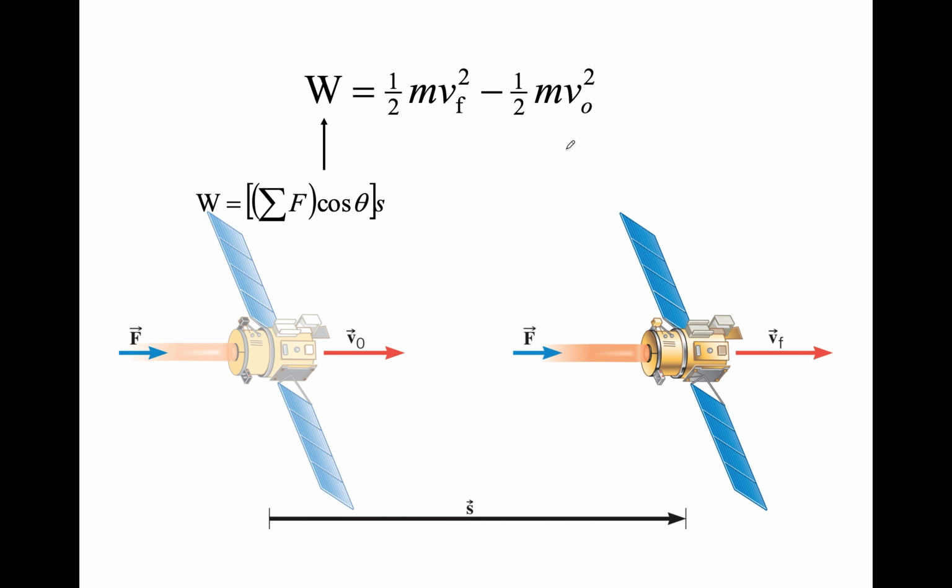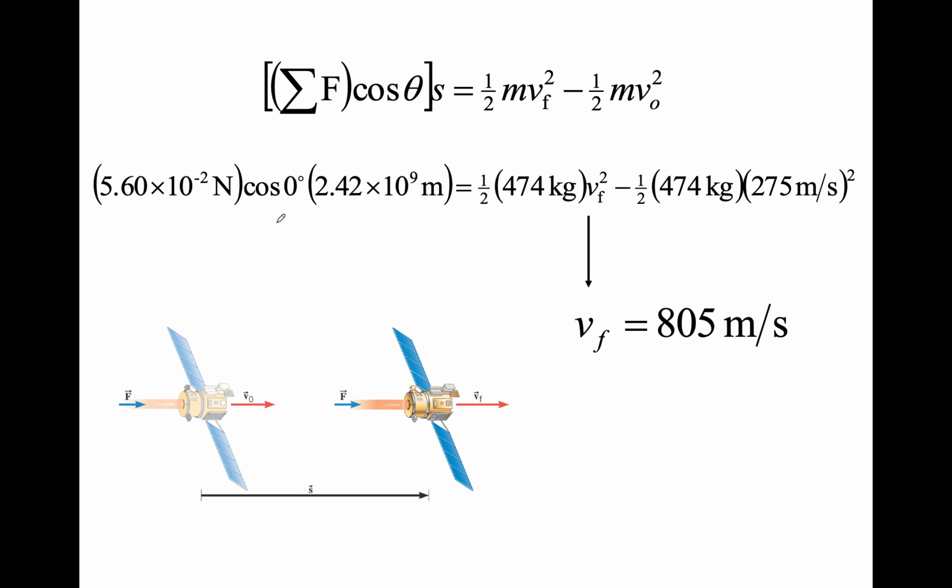We can just calculate the net work done on this object, which equals force times displacement, because the angle between them, in our case, is 0. So we calculate the work done by this force. Force times displacement, because cosine 0 gives us 1. And we know the initial kinetic energy, 1/2 mv0 squared. v0 is 275 meters per second.